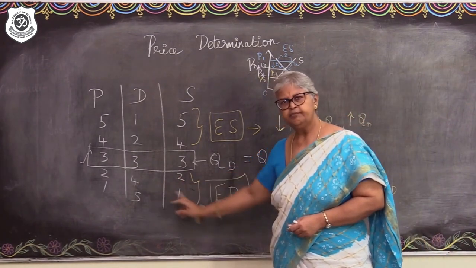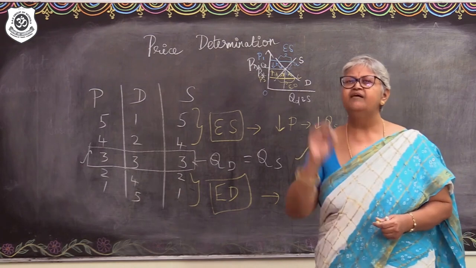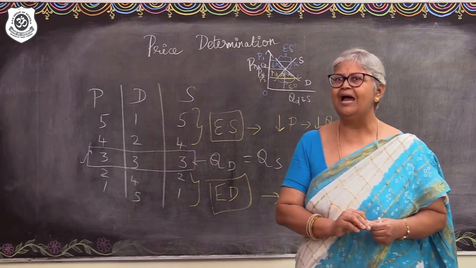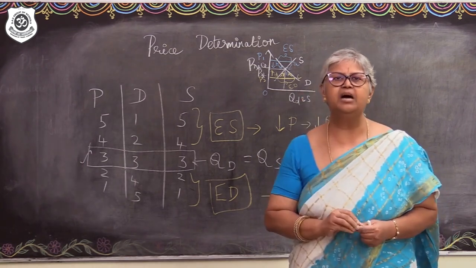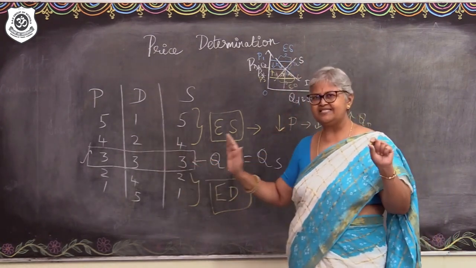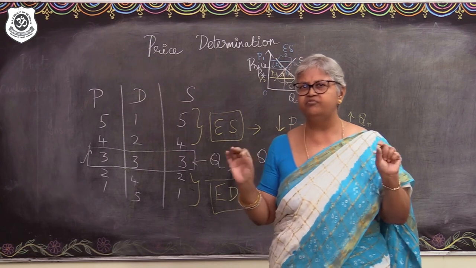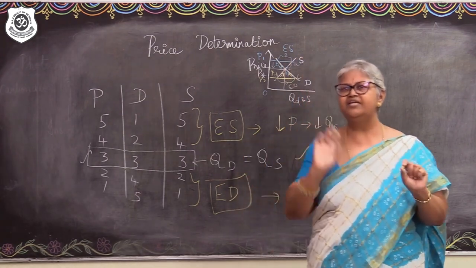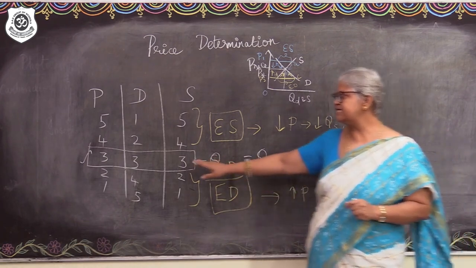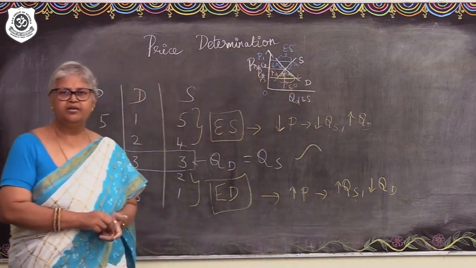So this chain reaction keeps happening whenever there is an excess demand or an excess supply situation, and only when the quantity demanded is equal to the quantity supplied will the market rest, which is the equilibrium level in the market. There would be no reaction after that. Once the quantity demanded is equal to the quantity supplied, that is the equilibrium price at which the transaction might happen, right?